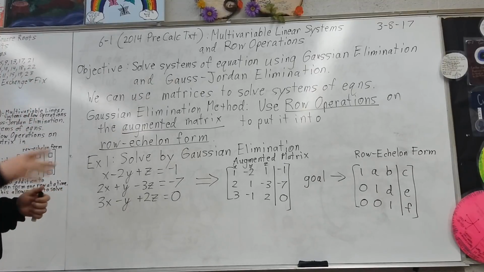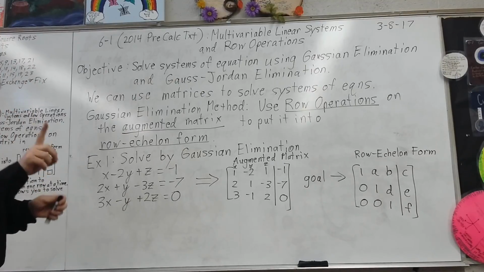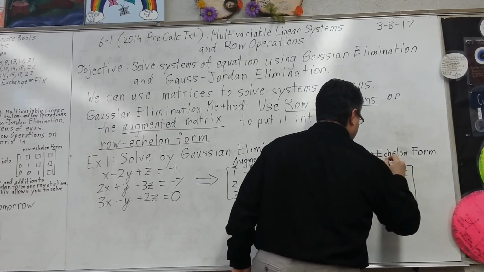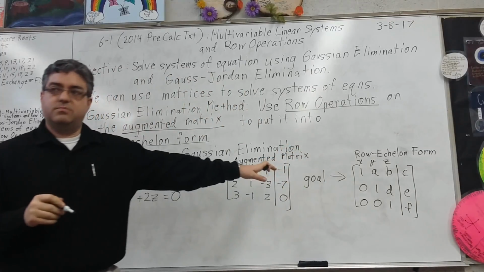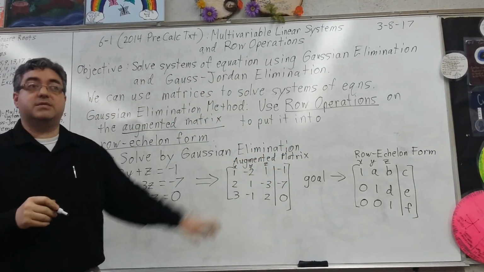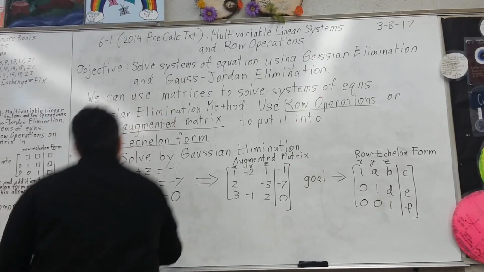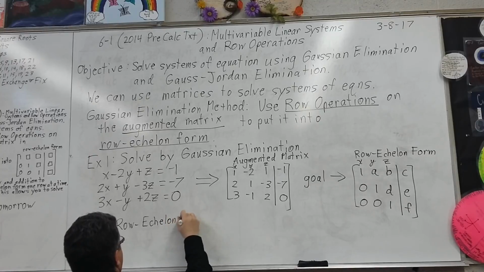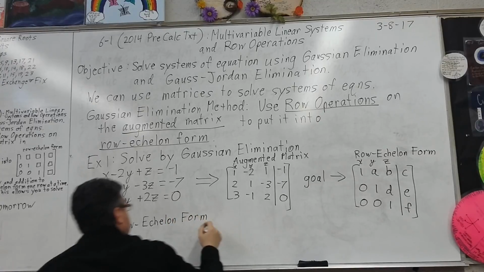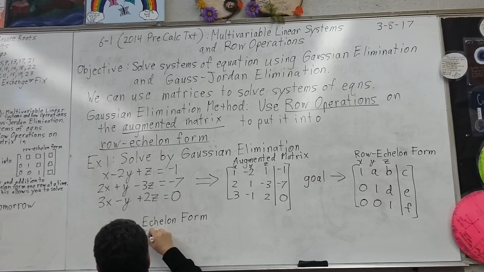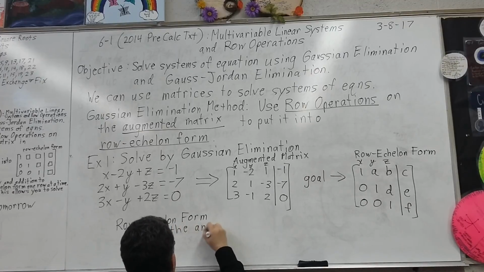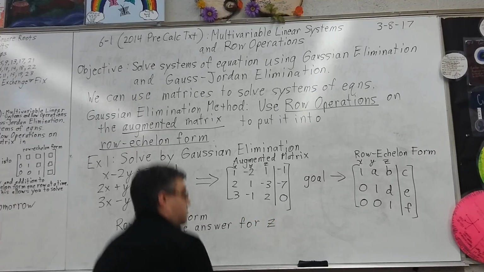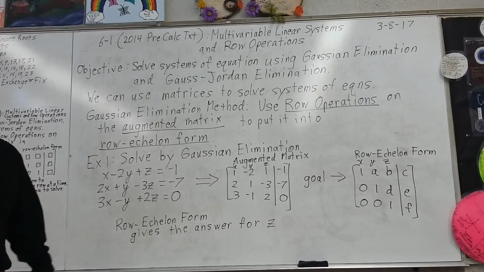Why do we need to get that? I'm just about to get there. So this is our X, Y, and Z columns. Row echelon form gives the answer for Z, or whatever the last variable is.